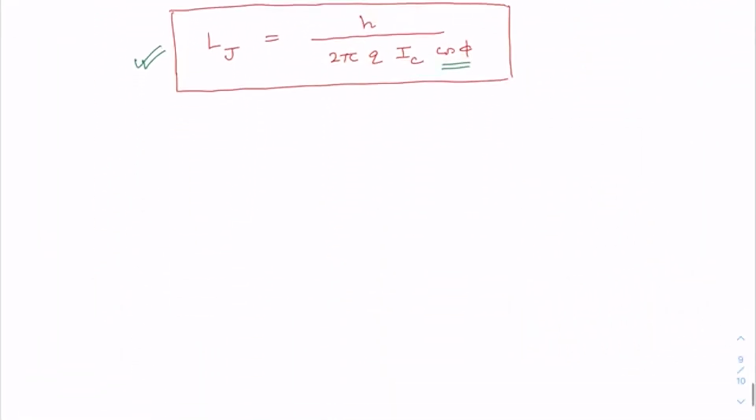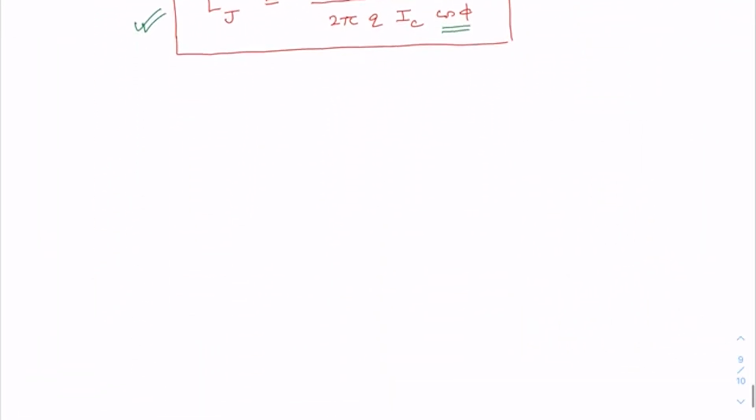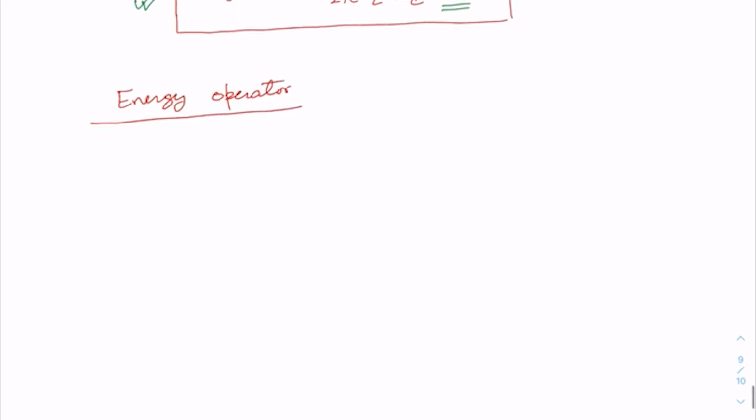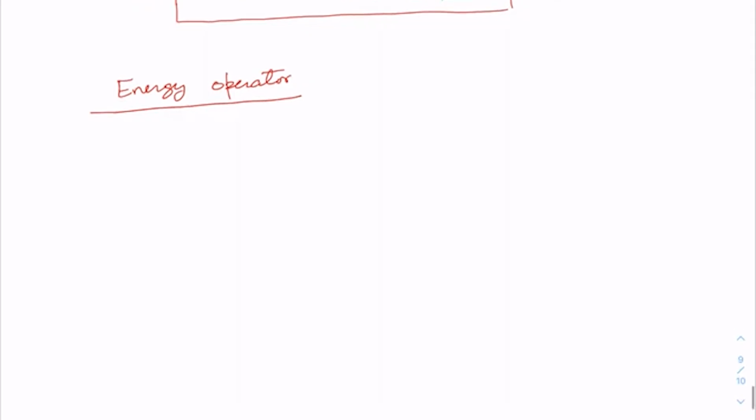Now let me discuss the energy operator for a Josephson element. The energy operator can be deduced from the discreteness of the charge that tunnels through the barrier. Across this barrier, the charge gets tunneled from this side to that side or from the other side to this one.